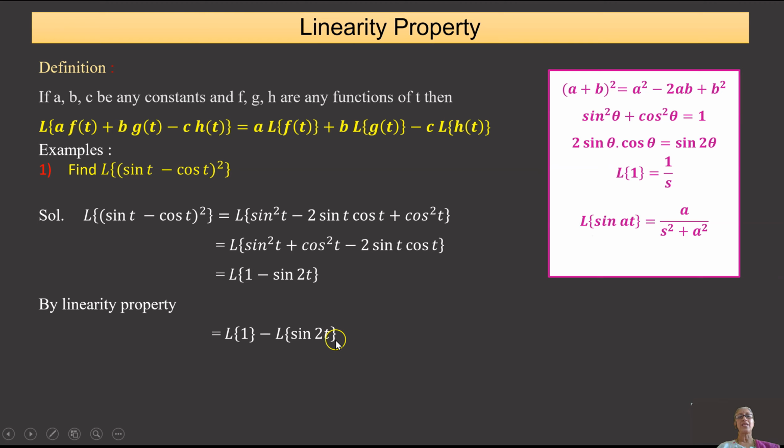So the Laplace transform of sin 2t gives 2 by s square plus 2 square. And the Laplace transform of 1 is 1 by s. So here we get 1 upon s minus 2 by s square plus 2 square, that is 1 by s minus 2 by s square plus 4. This is the Laplace transform of (sin t minus cos t) whole square.